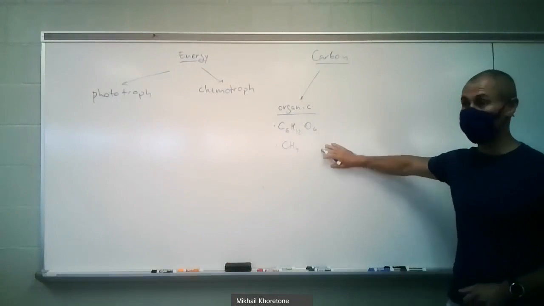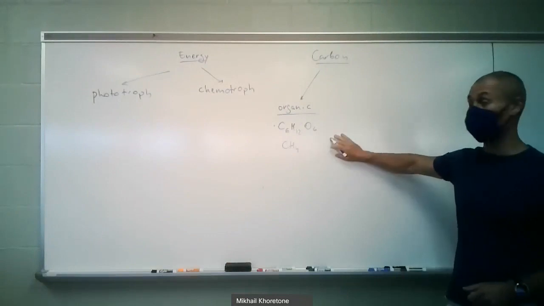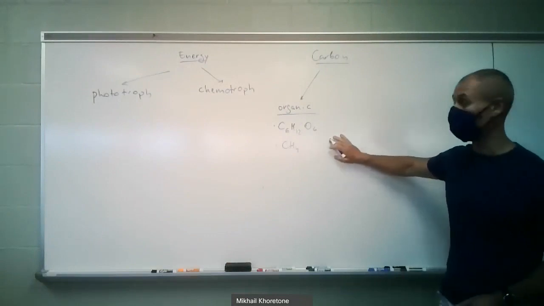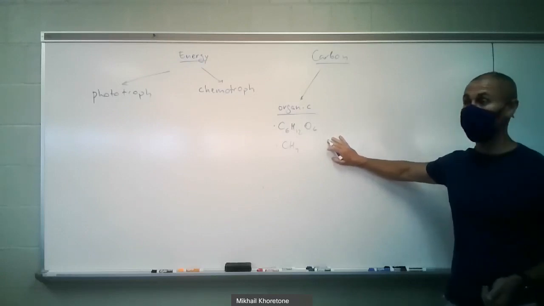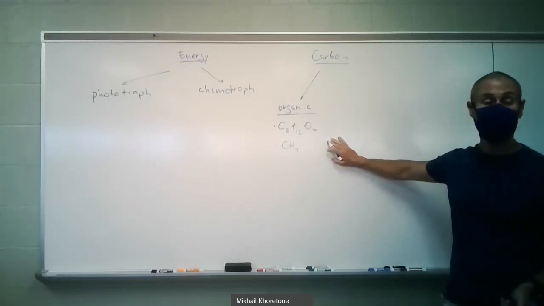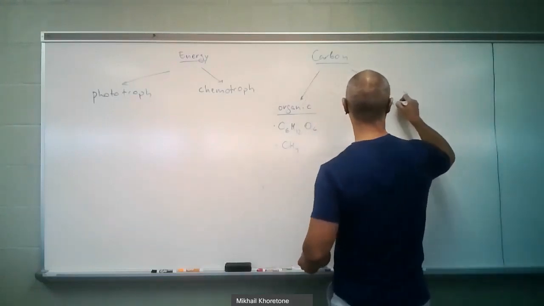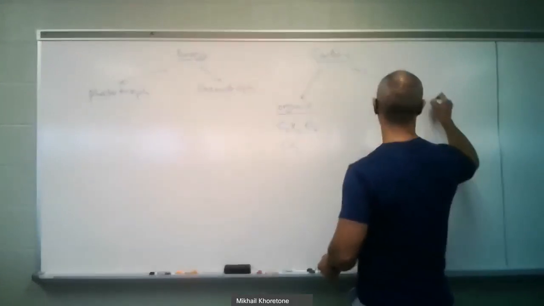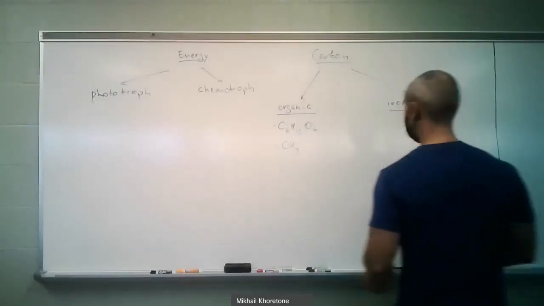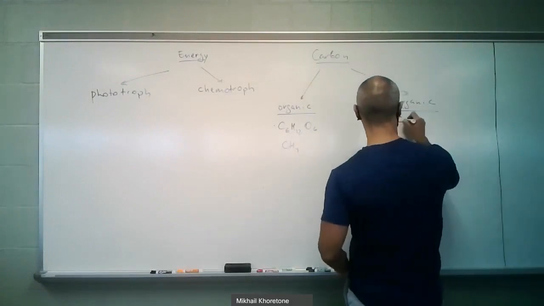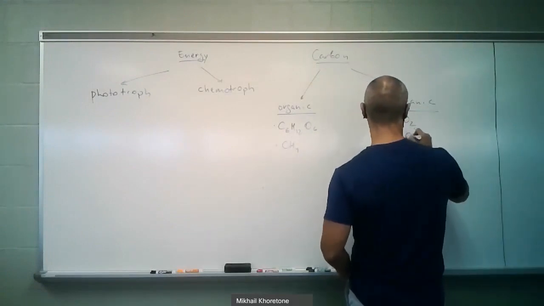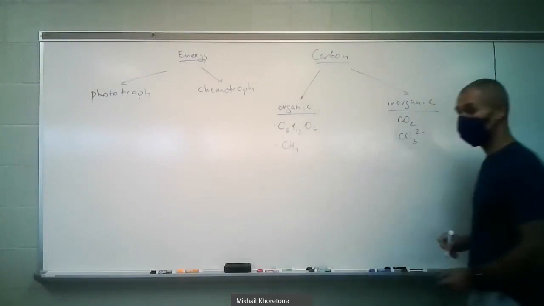Those are examples, that's not the only source. The point is organic carbon, or generally speaking, any dead organisms. And then there can be inorganic carbon as a source. For instance, carbon dioxide or carbonate.